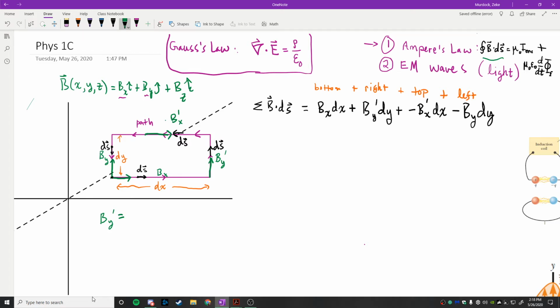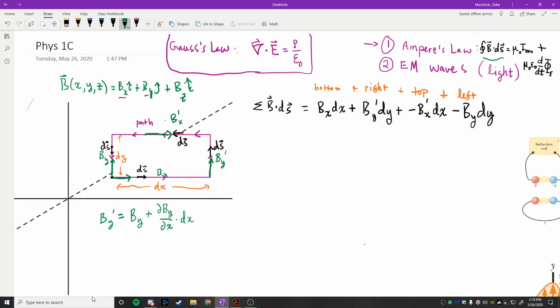I'm going to argue that if I want to find the value of By prime, it should be equal to the value of By over on the left-hand side, plus whatever change in By occurs over this distance in the bottom, right? So if I take By and I add to that the partial derivative of By with respect to x, and then I multiply by dx, then I'm going to get By prime.